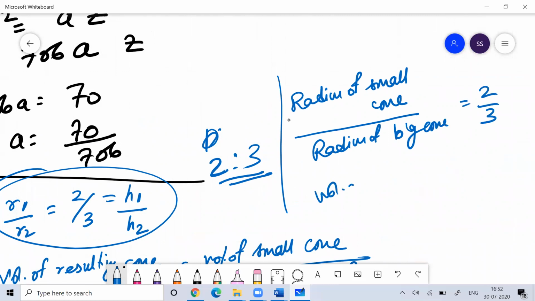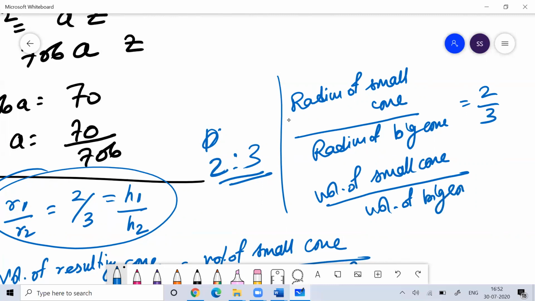So the volume of the small cone divided by the volume of the big cone will be 2/3 whole cube, that is 8/27. So the volume of the small cone is 8/27 of the volume of the big cone.